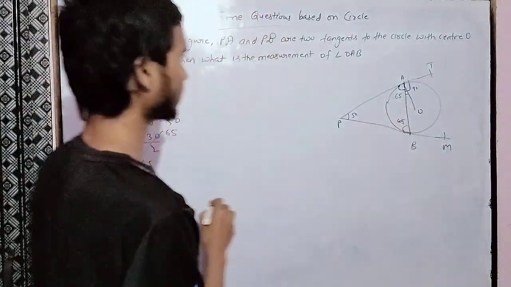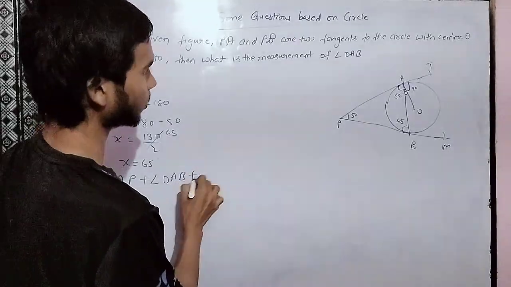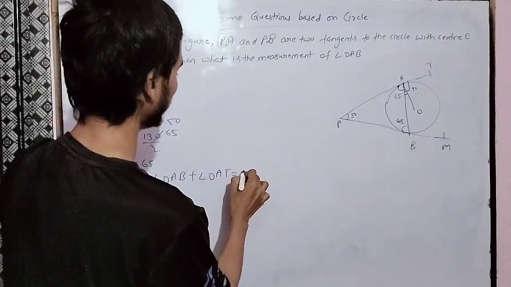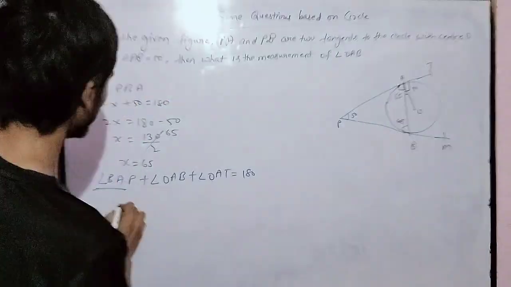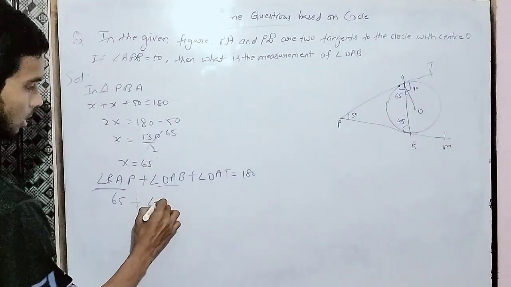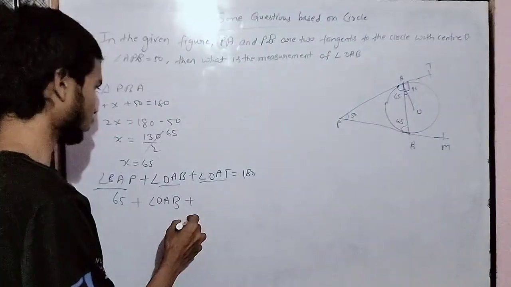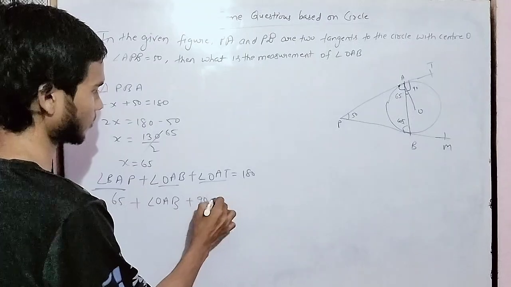So here angle BAP plus angle OAB plus angle OAT will make 180. BAP is 65. OAB is not given, that is what we have to find. And this is given, angle OAT, which is 90.